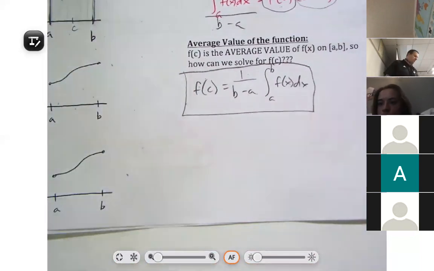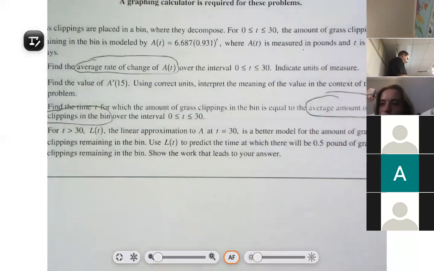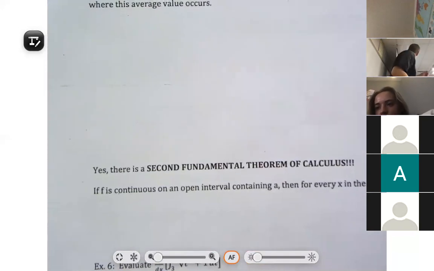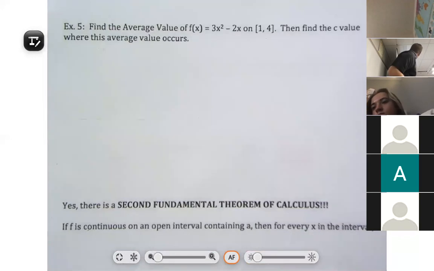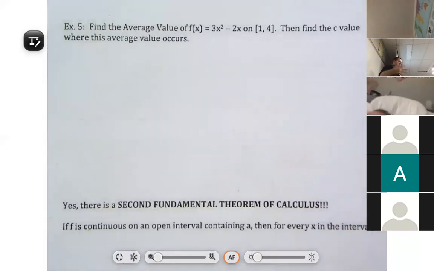We're going to do a practice problem with that. Number 5 says, find the average value of f of x equals 3x squared minus 2x on 1 to 4. Then find the c value where the average value occurs.